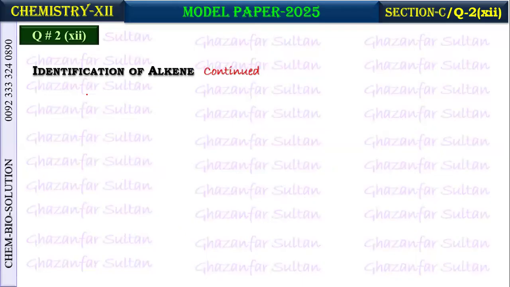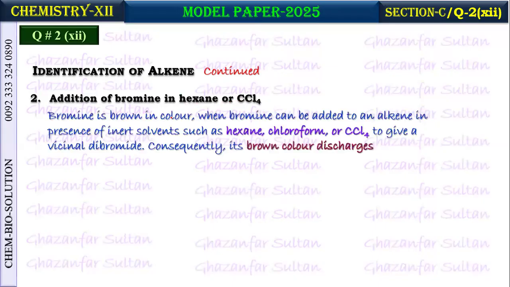Now identification of alkene is continued by a second method. This is also with bromine, and the same result will be obtained, but here the solvent would be hexane, carbon tetrachloride, or chloroform, and the result is the same.